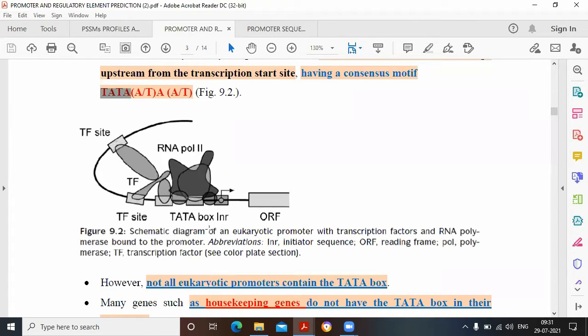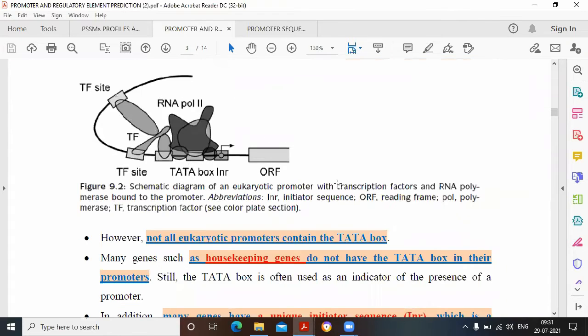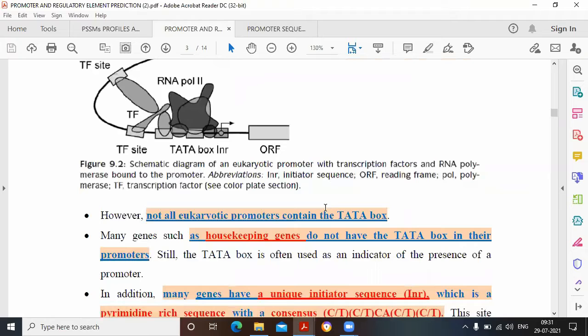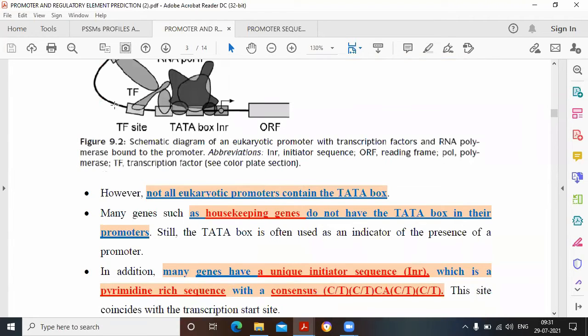So this is how RNA polymerase II along with all the transcription factors does its function in the eukaryotic system. Here we also need to remember that not all eukaryotic genes have the TATA box. At the beginning I mentioned that this sequence is not conserved. For prokaryotes it is almost 99% conserved, but for the eukaryotic system there is a lot of difference.